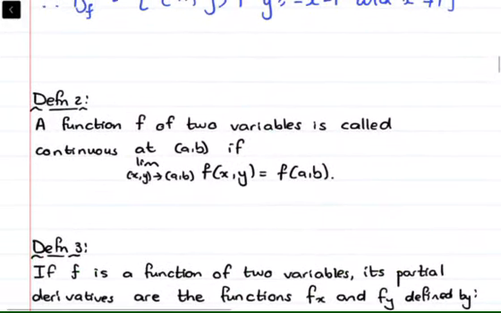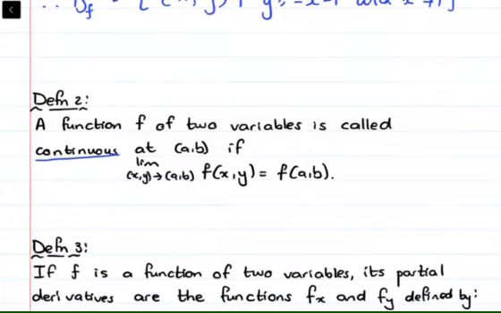Next, a function f of two variables is called continuous at a, b if the limit as x, y approaches a, b of f of x, y is equal to f at a, b. Let me just quickly recap the definition of a continuous function of a single variable.